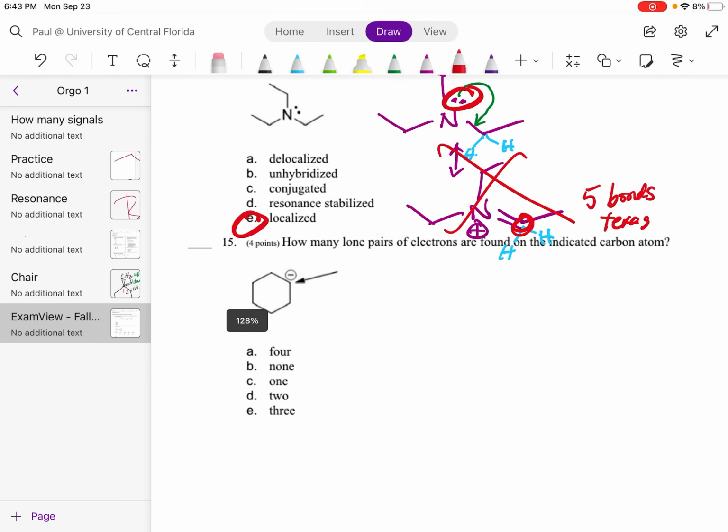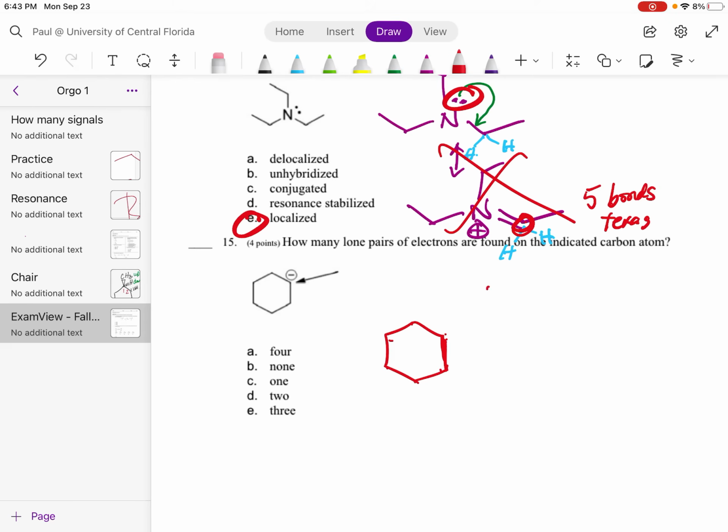How many lone pairs of electrons are found on the indicated atom? Well, in order for that to have that charge there, what do we know? We know carbon has 4 valence electrons. My pen's dying. Let's see if we can get that to work.